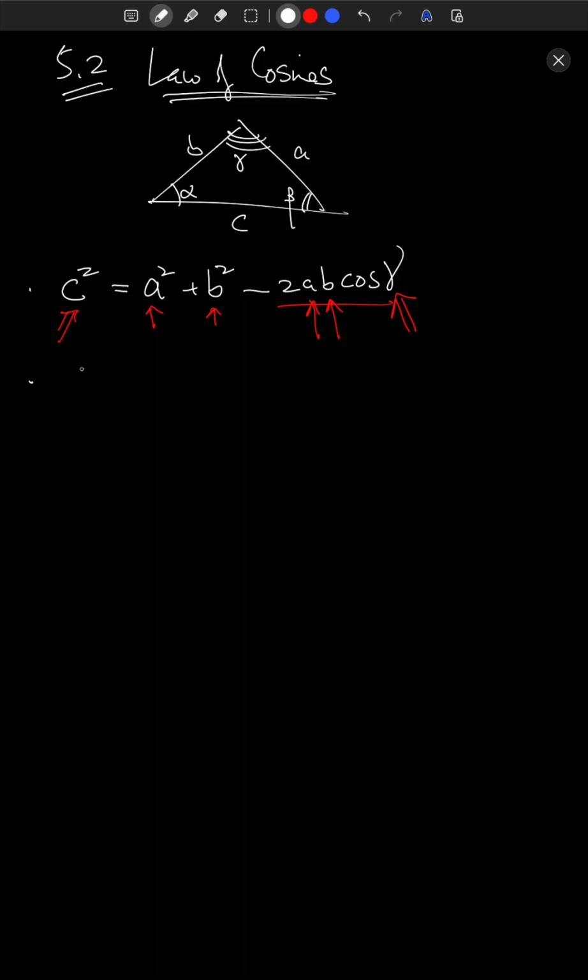Okay, so once you've understood this one, the other 2 are exactly the same in spirit. The other 2 are going to involve A and B. So the second one is based on B. So B squared is equal to, so it's always one side is equal to something to do with the other 2 sides. All right, so the other 2 sides are A and C. So A squared plus C squared minus 2AC, and then cosine of your original guy, beta in this case, because we started out with B equals, right?